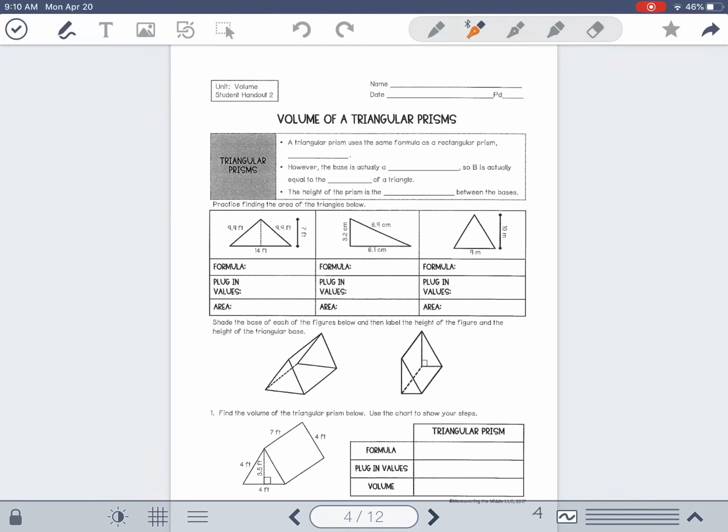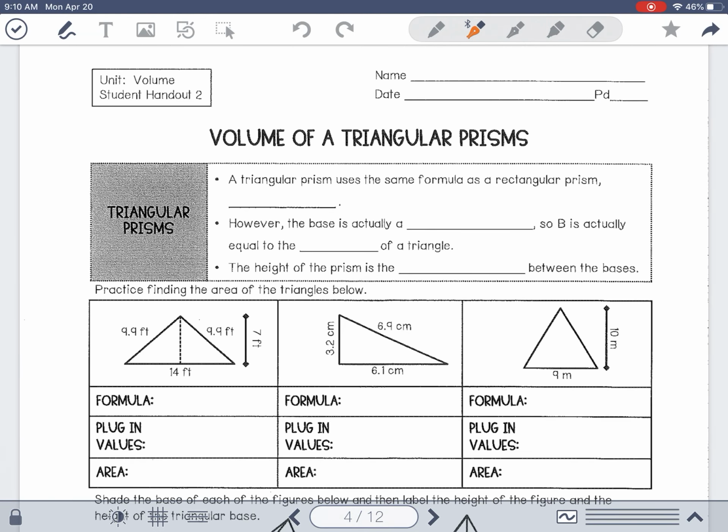All right, so we're going to take a look at a triangular prism. Now a triangular prism, we're using the same formula because it is a prism. So V is equal to big BH, but in this case, the base is a triangle because it's called a triangular prism.